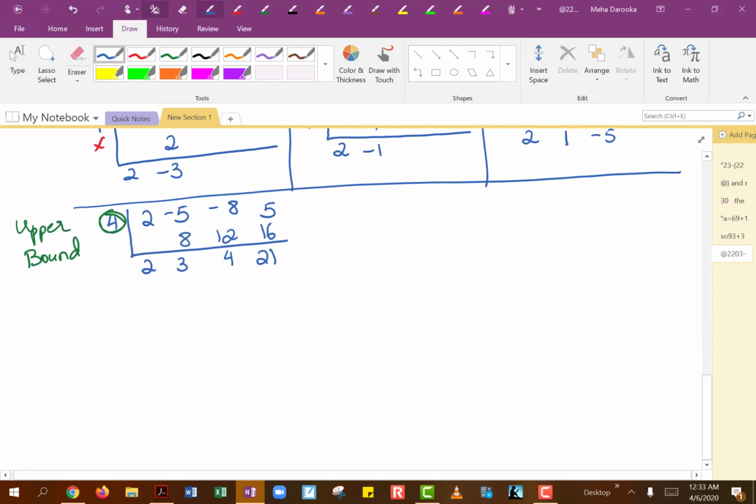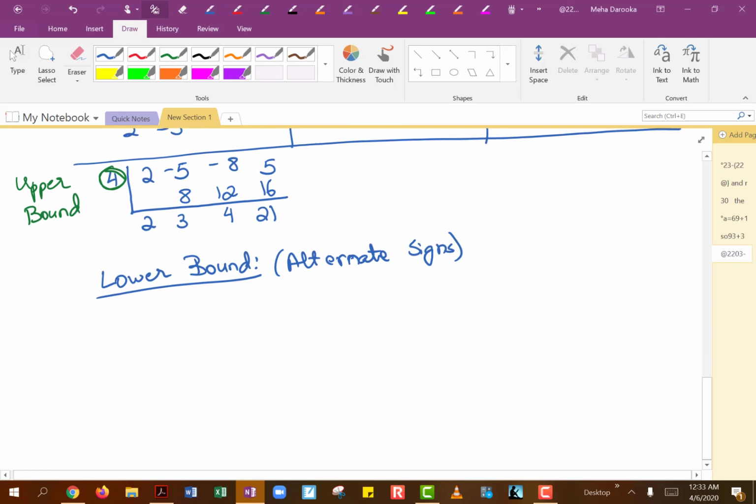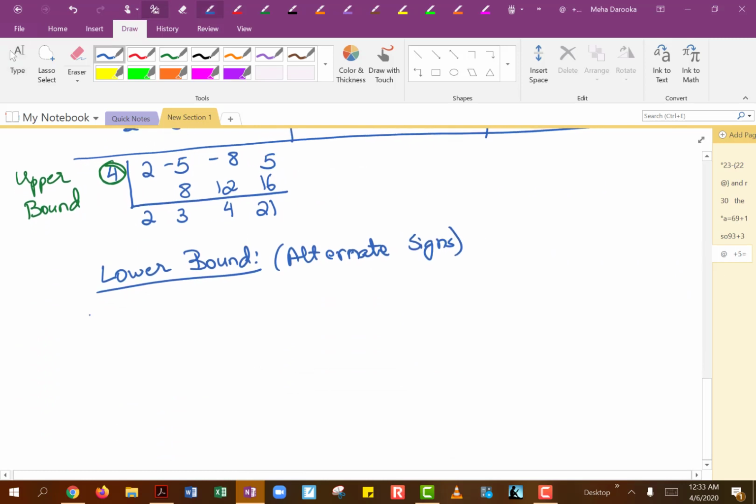Now, let's find the lower bound. So for, remember, lower bound, we are looking for alternating signs in our bottom row. Okay, so let's start by, again, this time we're dividing everything by negative 1.